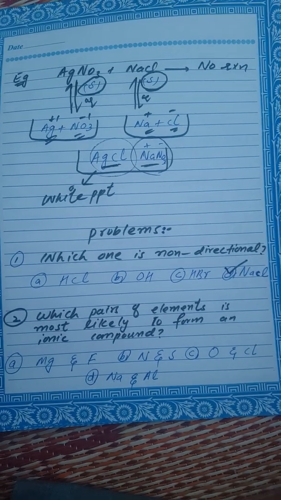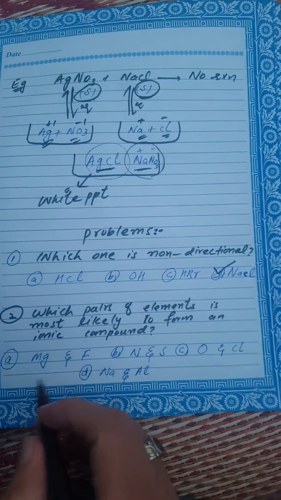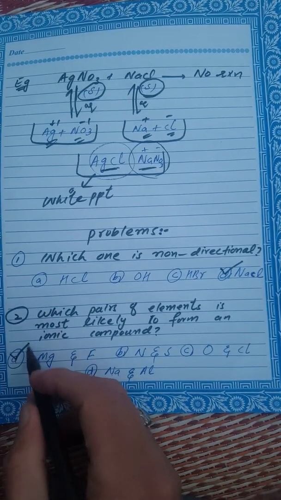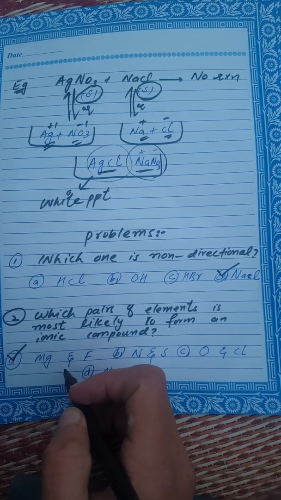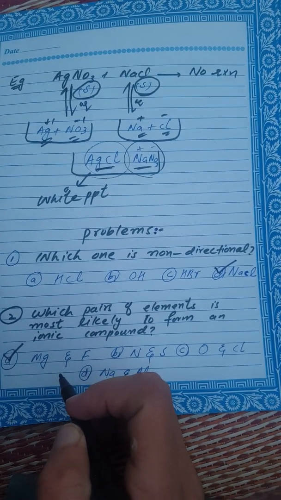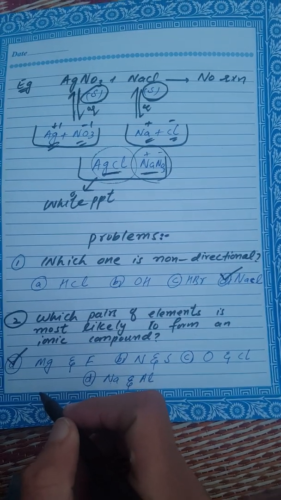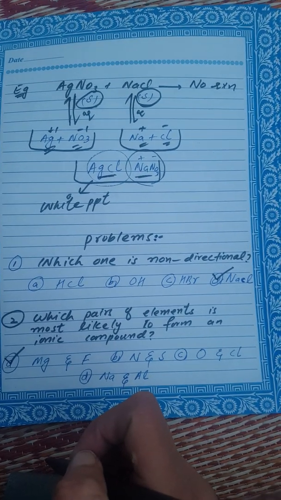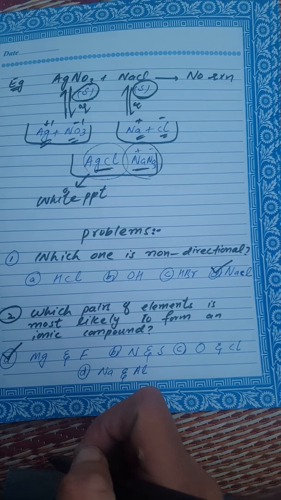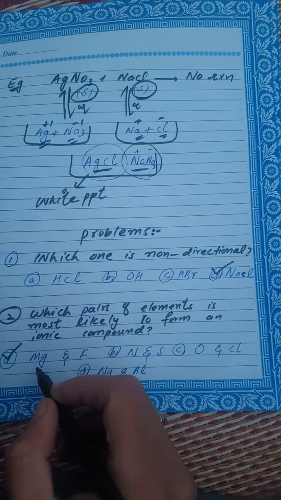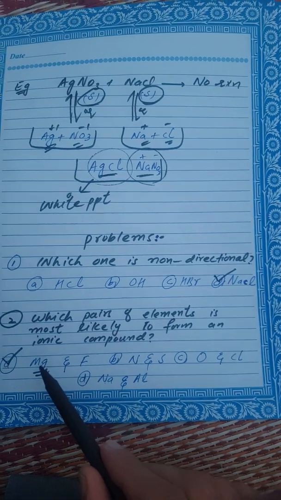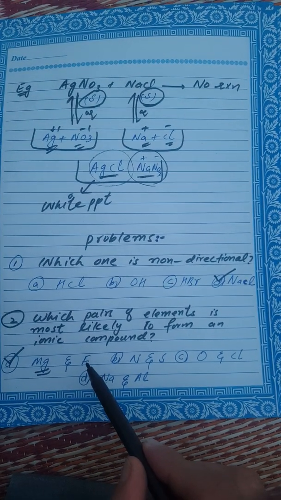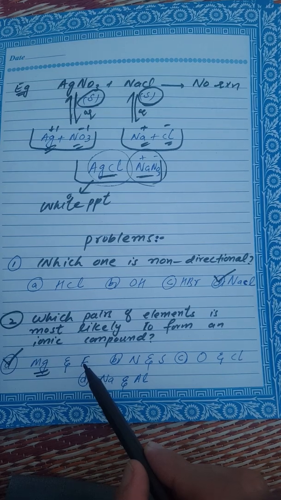Option A contains one metal and one non-metal. The fluorine and magnesium will form the ionic bond, because magnesium is a metal and fluorine is a non-metal.